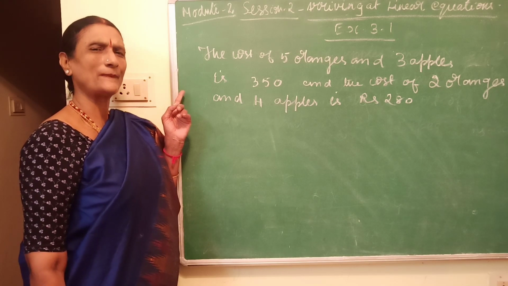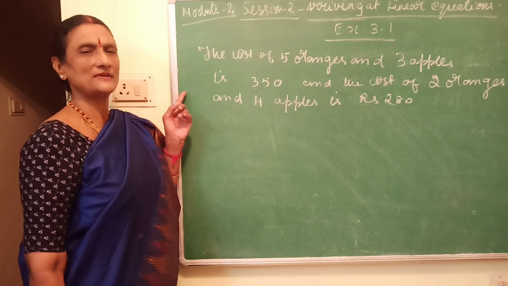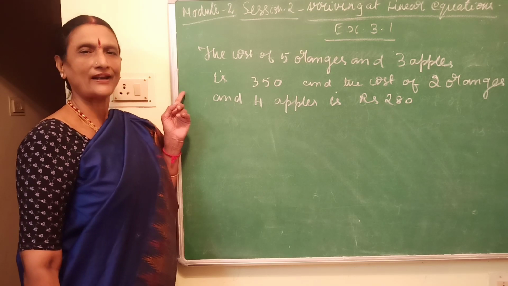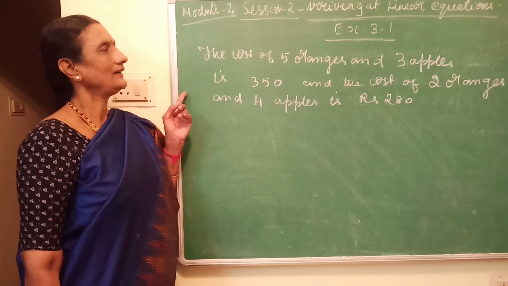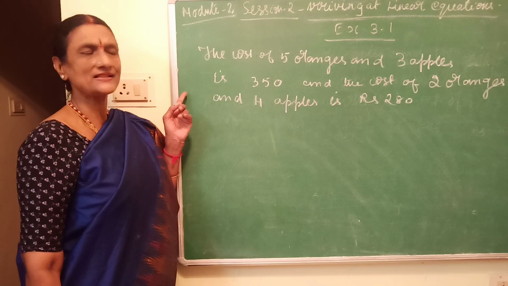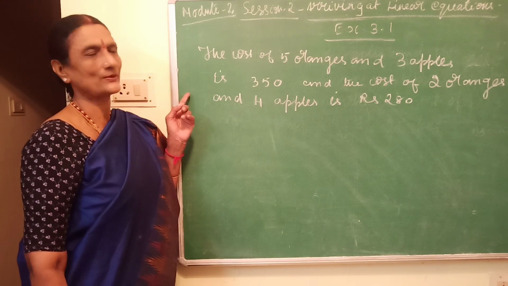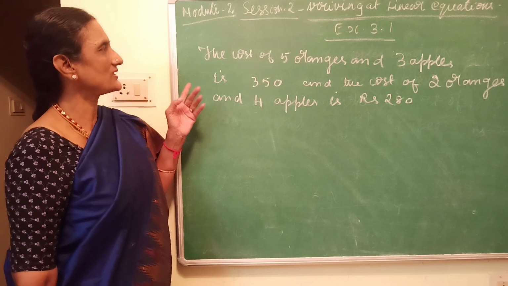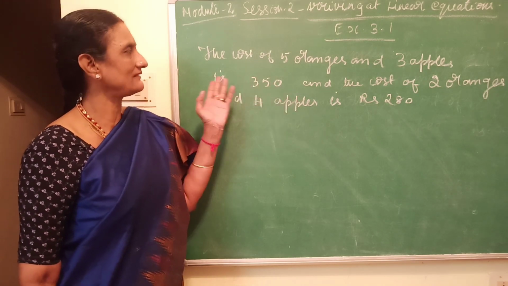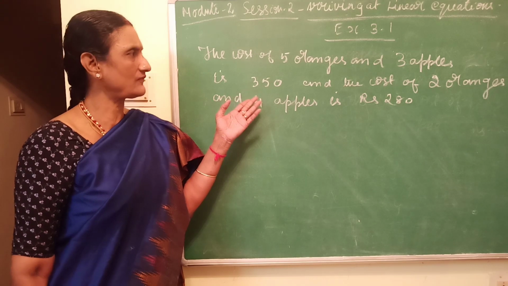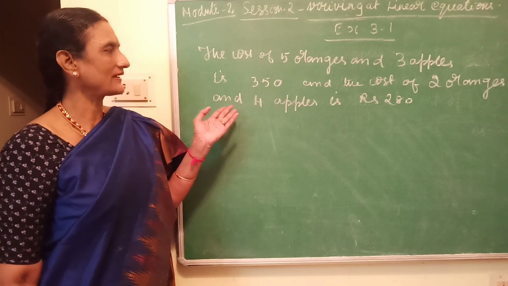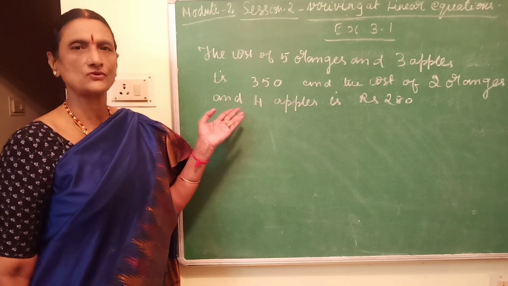Now just for more practice, I am going to give a simple situation. You have to frame 2 linear equations and keep them ready, and this will give you more practice. This is a very simple situation. The cost of 5 oranges and 3 apples is rupees 350, and the cost of 2 oranges and 4 apples is rupees 280.